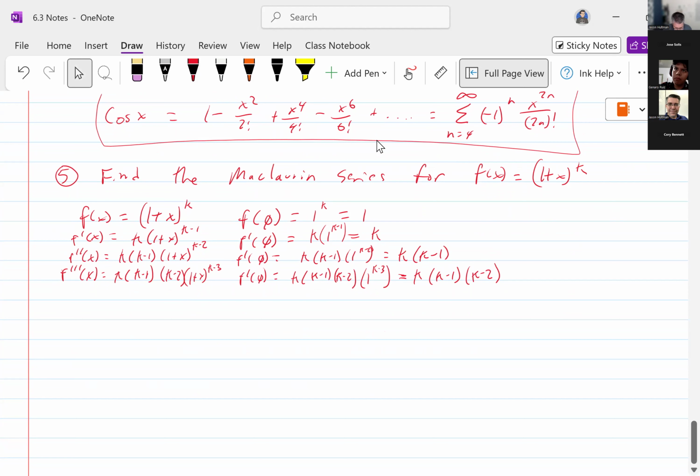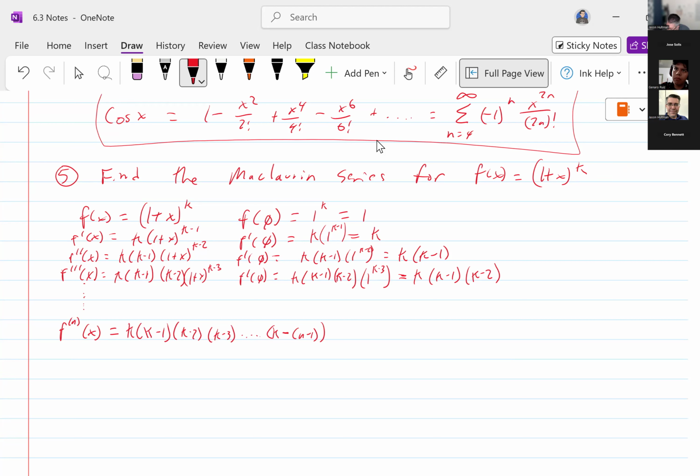So what would be the nth derivative? Let's continue this pattern. The nth derivative of f of x would be k times k minus 1 times k minus 2 times k minus 3, multiplied all the way to k minus (n minus 1), because it's one less than the derivative order.